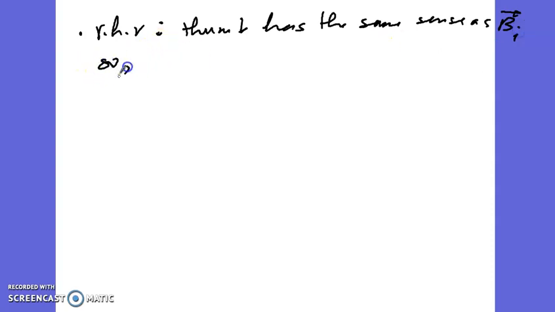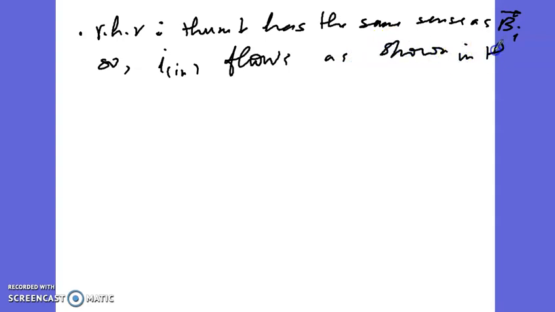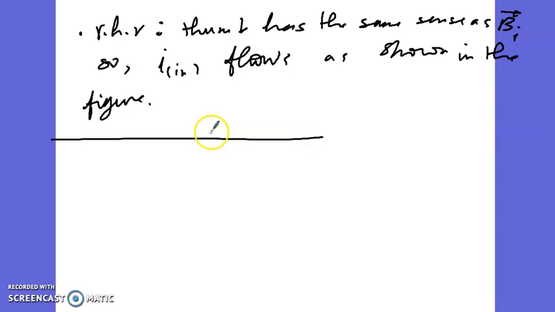So I induced flows as shown in the figure. Now you can apply Lenz's law in any electric circuit if you follow the following 3 steps. It's very easy. First, find the sense of variation of flux, then find B induced, then apply the right-hand rule. Okay?